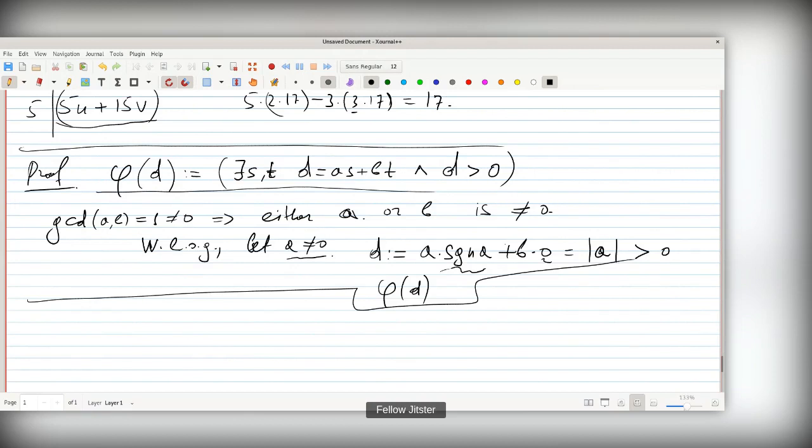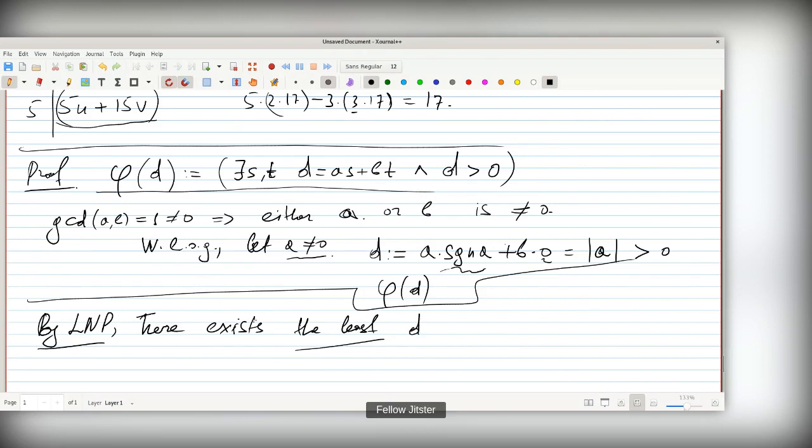But now our next step is to take the least such number. By the least number principle, there exists the least number d0 such that d0 satisfies phi.